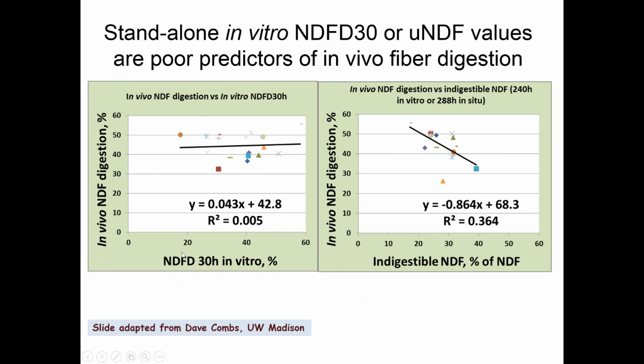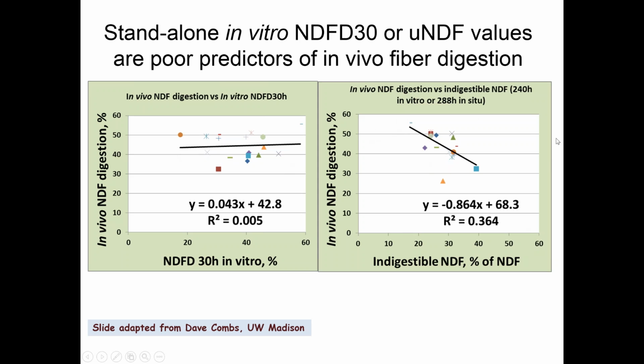This would be the relationship between a straight NDF digestibility at 30 hours, and basically we're seeing no relationship. On the right side is the relationship between undigested or indigestible NDF at 288 hours in situ, or 240 hours in vitro. The more indigestible NDF, the lower the in vivo NDF digestibility.